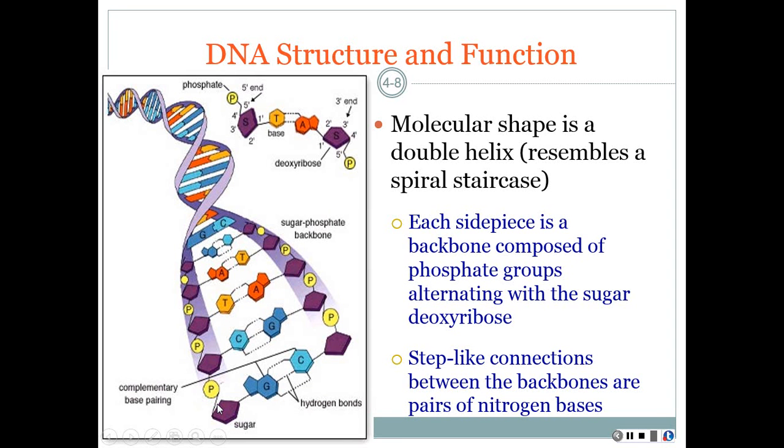The backbone is composed of a phosphate group alternating with a sugar, deoxyribose. So here are your phosphates, and here are your sugar groups, which would be your deoxyribose within the DNA. We're just doing the DNA, okay?